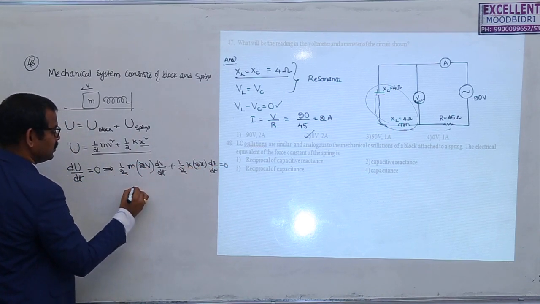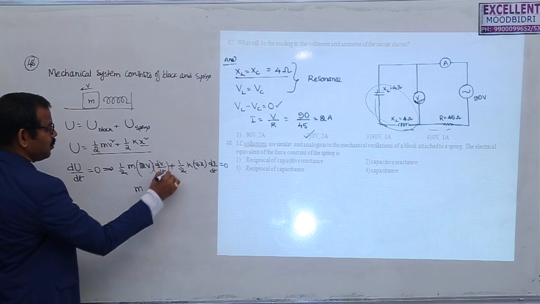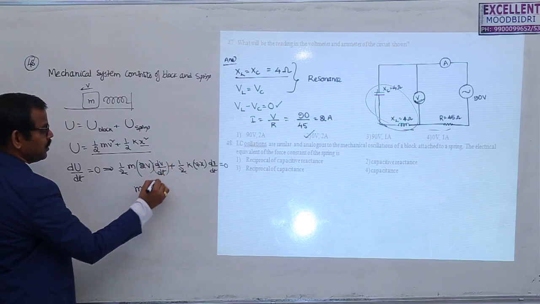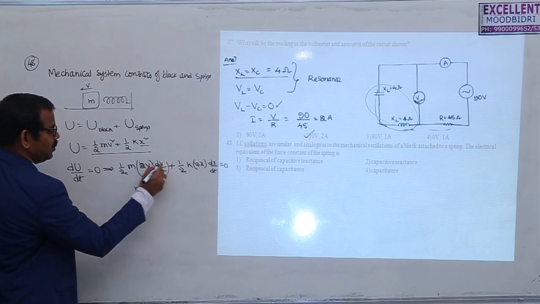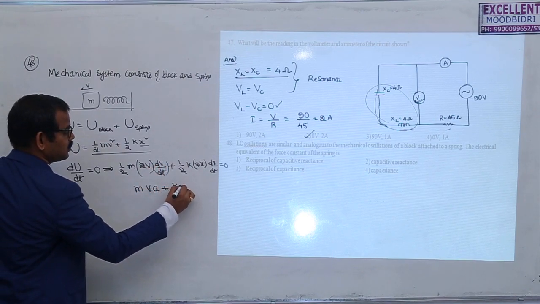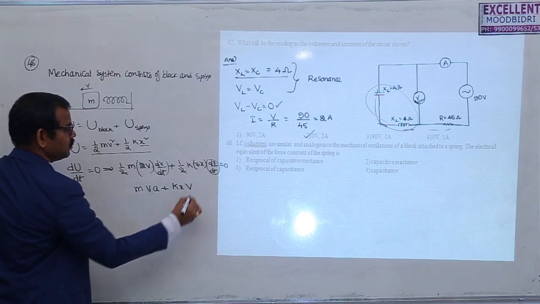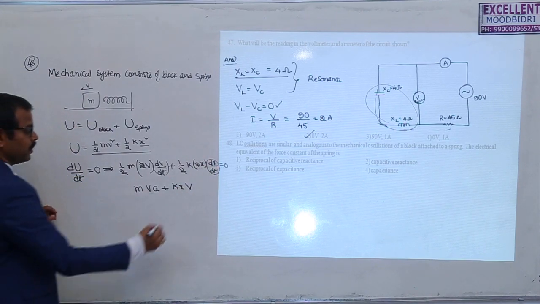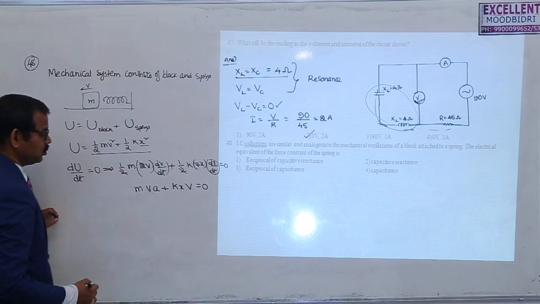The 2s get cancelled. m dv by dt is a, so you can write v into a here, plus kx into dx by dt, which is also v. So this must be equal to 0.